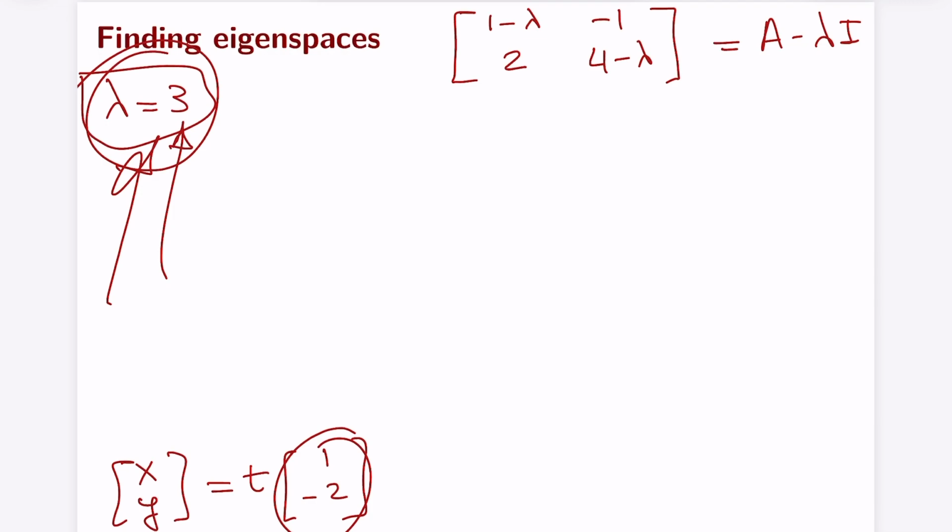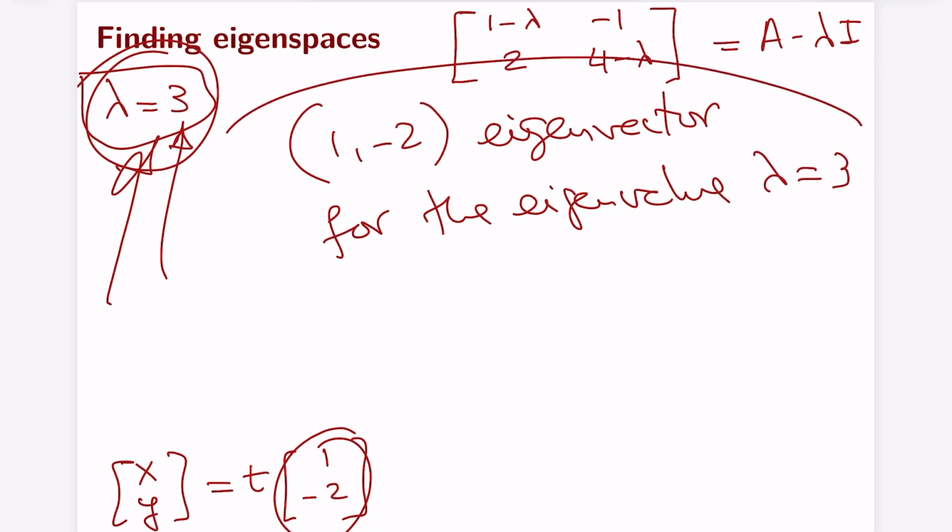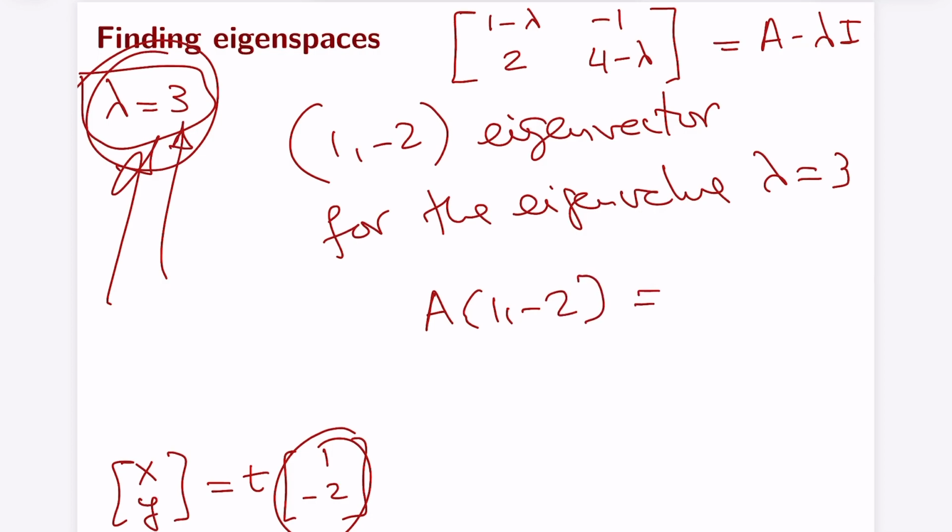If we are saying that 1, minus 2 is an eigenvector for the eigenvalue lambda equals 3, it means that when we multiply A by this vector, 1, minus 2, we should obtain 3 times 1, minus 2.